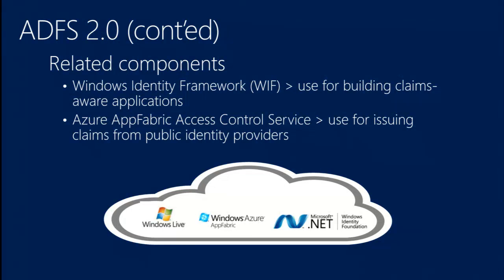The other scenario where we would be considering ACS is if we want to accept identities that are issued by other cloud identity providers, such as Windows Live ID, Google, Facebook, Yahoo, or OpenID. So all this we cannot configure directly with ADFS. We have to go through ACS.